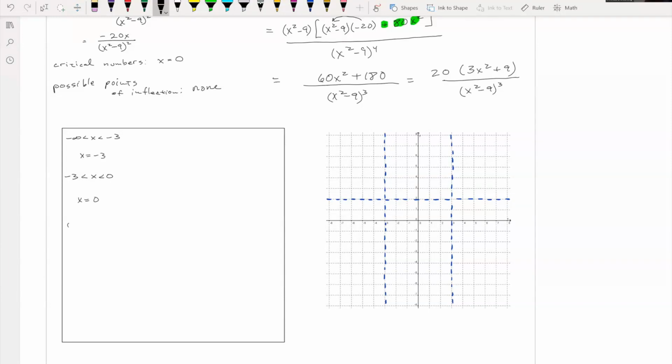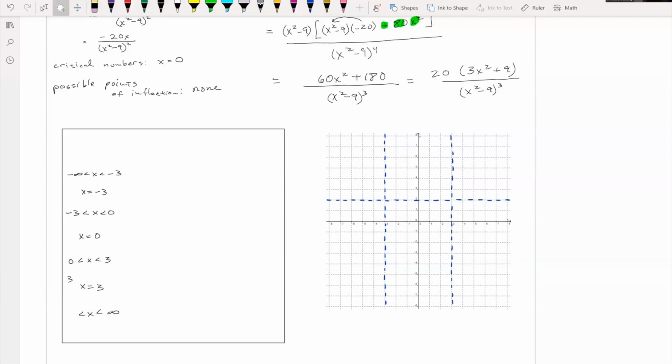Then we're going to go from 0 less than x less than 3 and see what's happening at 3. And finally, we're going to go 3 less than x less than infinity. And so our table is going to include those intervals there.